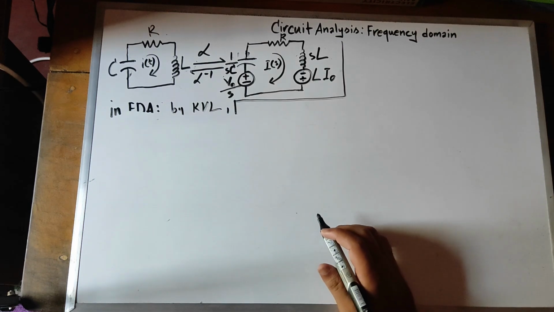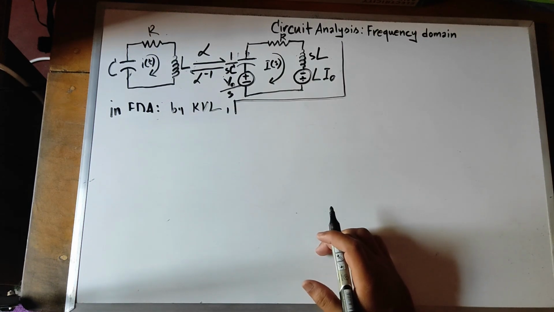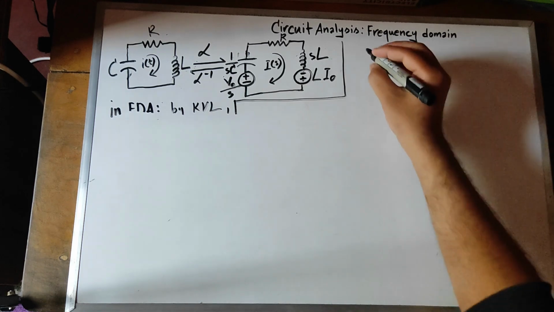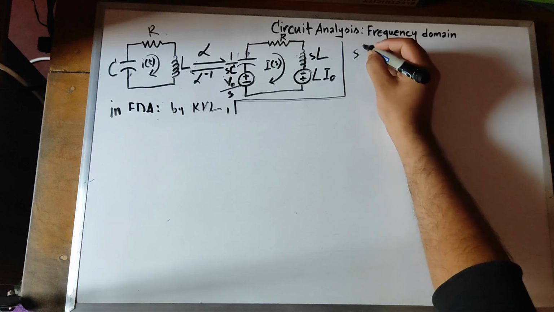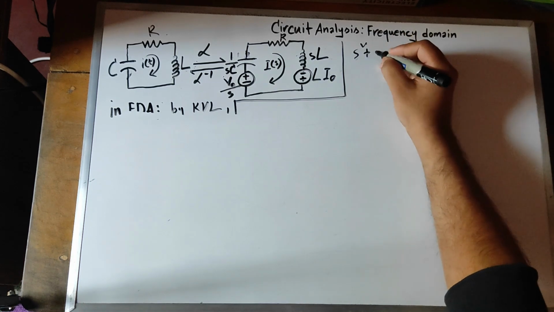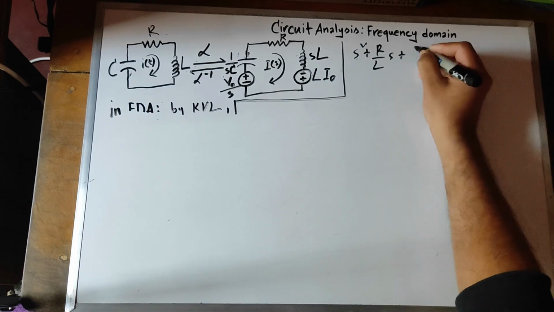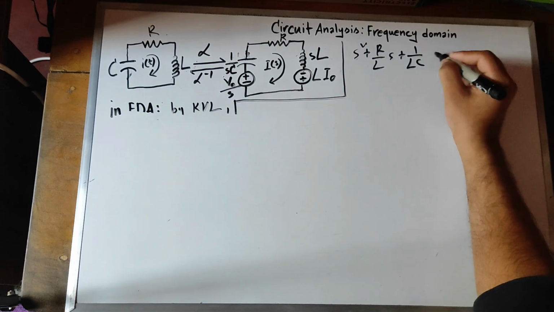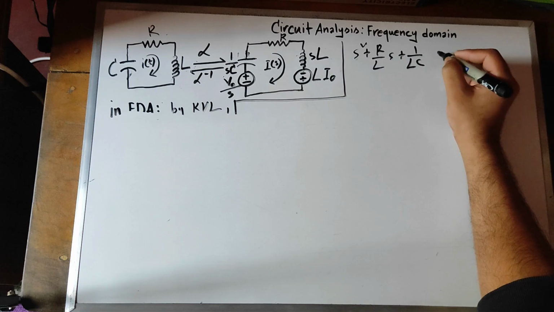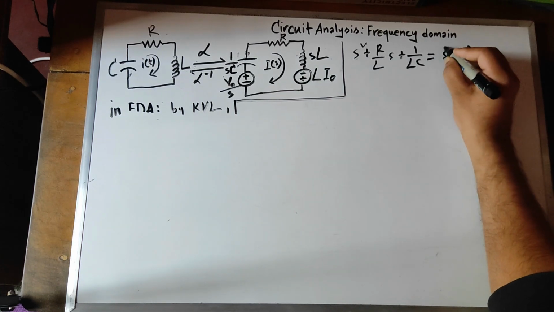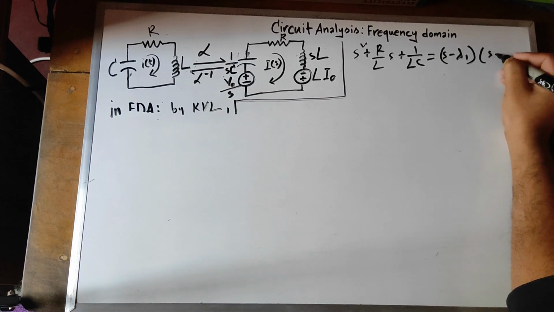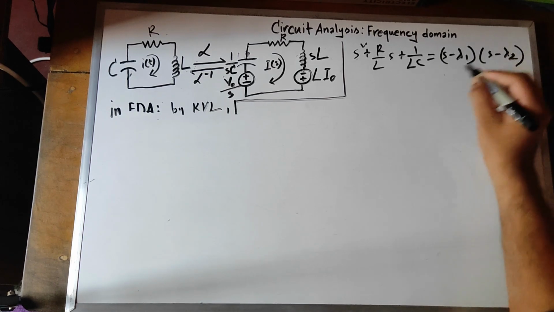Now we're gonna factorize the second order term. The second order term I found is S square plus R by L S plus 1 by LC. We want to factor this so that it looks like S minus lambda 1 times S minus lambda 2.